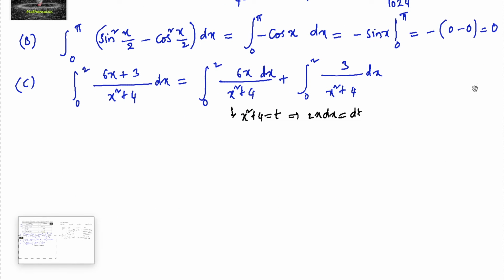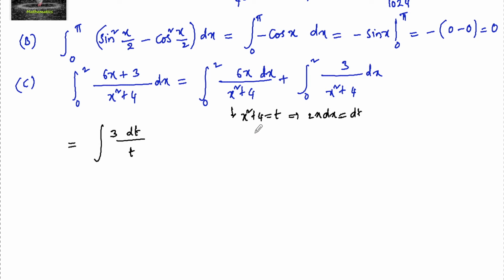So we can write 3 times of 2x dx is dt divided by t, integration when x is equal to 0 t is equal to 4, when x is equal to 2 t is equal to 8, so from 4 to 8 3 dt upon t plus 3 times of integration 1 upon x square plus 2 square, this is 1 upon a, that is 1 upon 2 tan inverse of x by a, that is tan inverse of x by 2 from 0 to 2.